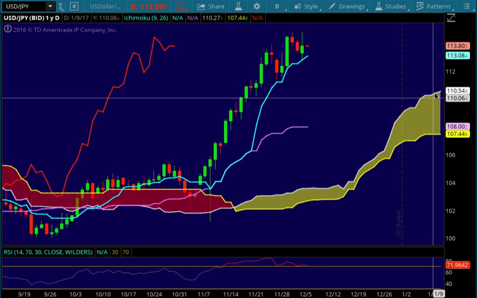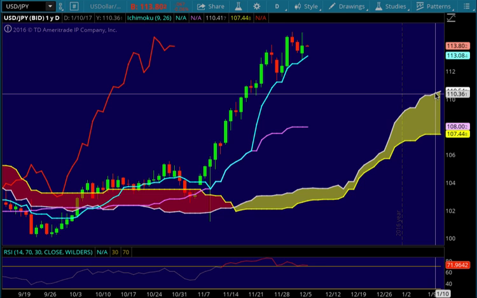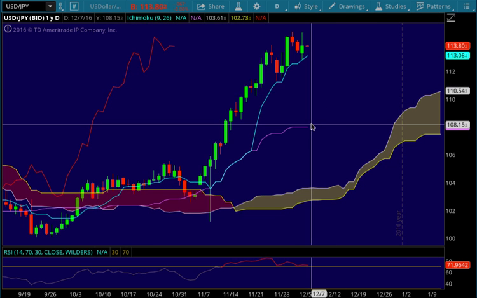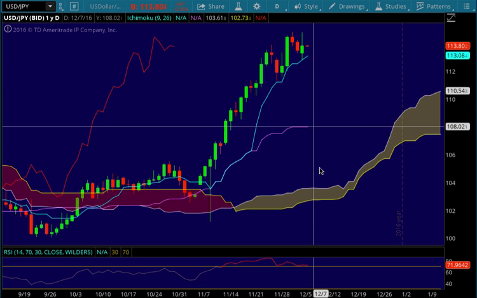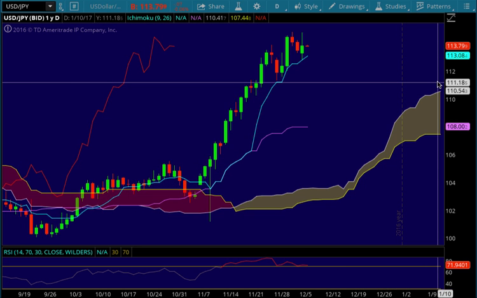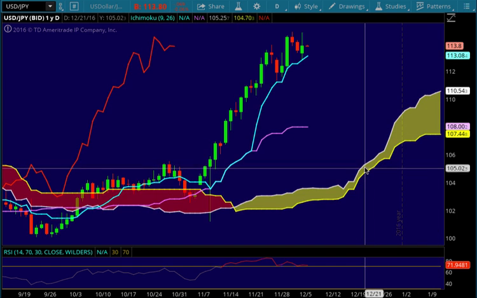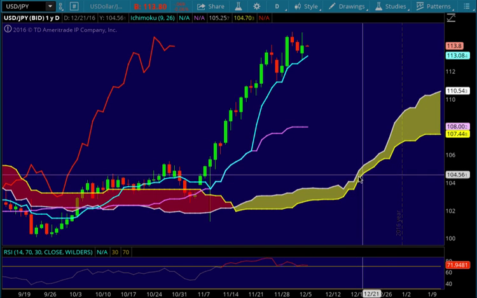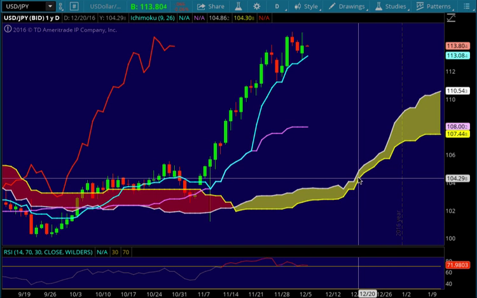It's becoming thicker and thicker. So if we do get a significant pullback, even if we pull back all the way to the Kijun-sen or maybe even all the way to the cloud, then we still have cloud support going forward. So there's still potential for continued bullish activity from the dollar-yen.